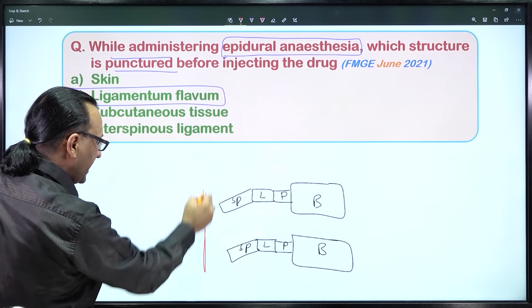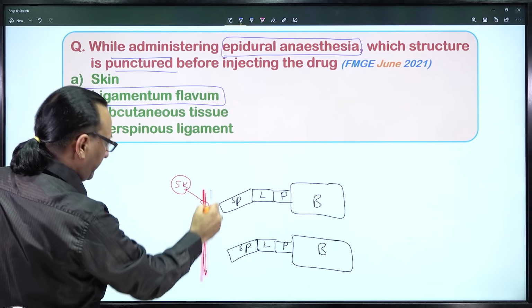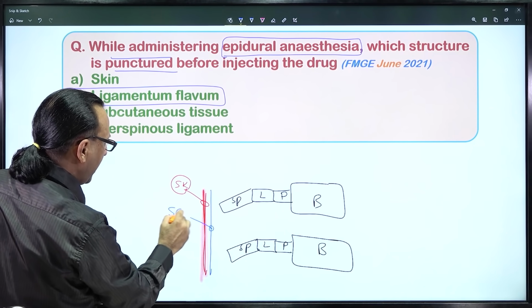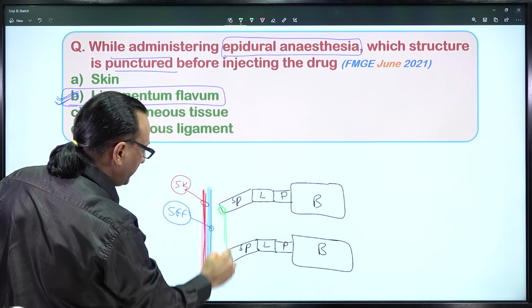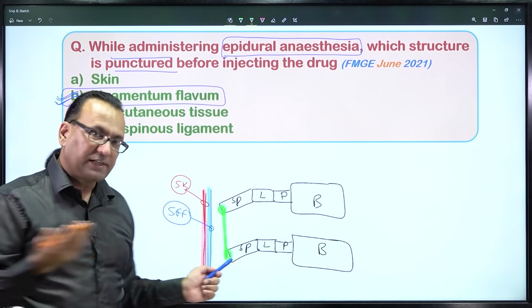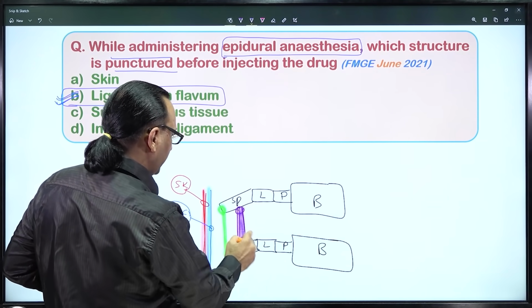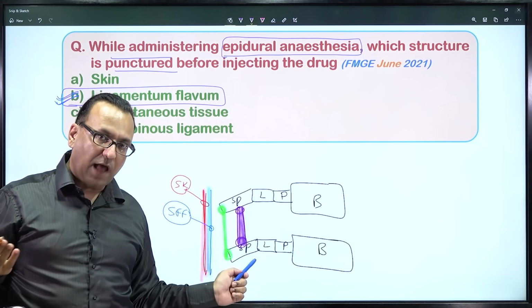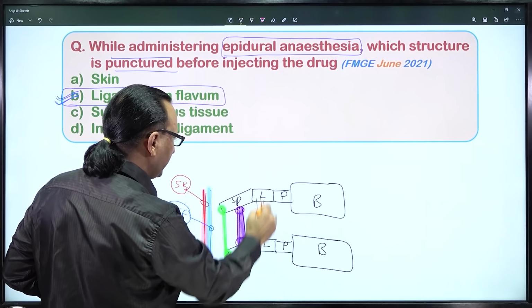First is the skin, and after that we have the superficial fascia, and after that the supraspinous ligament. And after puncturing the supraspinous ligament, the interspinous ligament. And after puncturing the interspinous ligament, then it is a structure attaching to the lamina, which is the ligamentum flavum. So here is the ligamentum flavum.